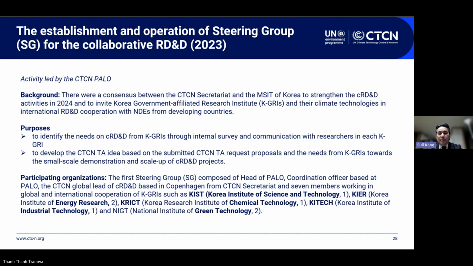To identify the needs from Korean GRIs on the cRD&D technical assistance project, we established a steering group, which is composed of the CTCN secretariat and 6 Korean GRIs as members, to identify the needs for collaborative RD&D.